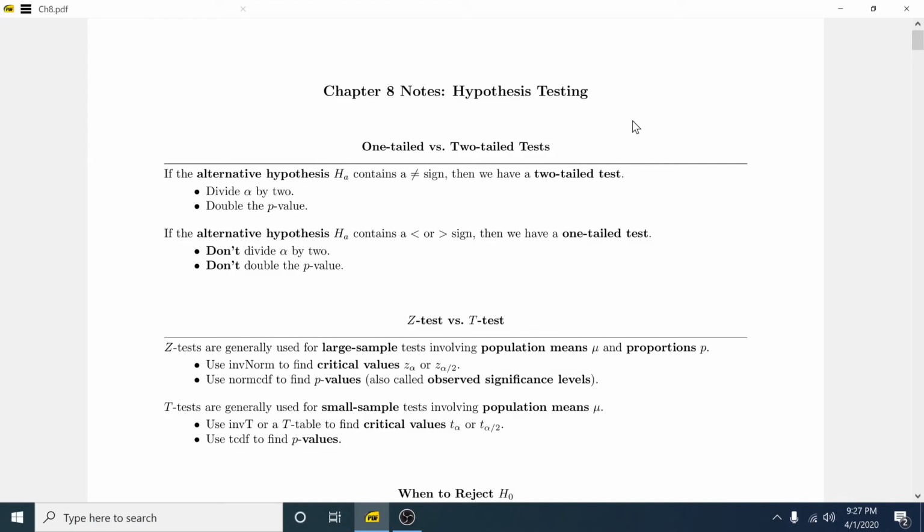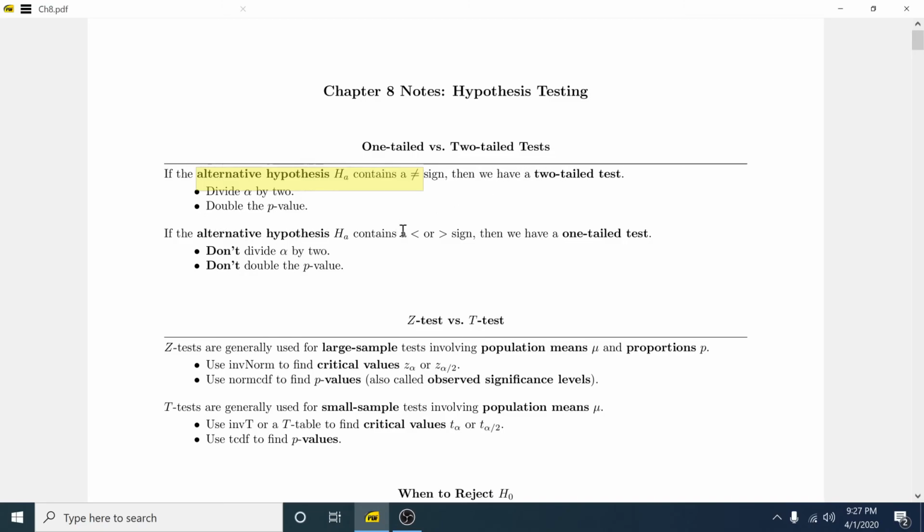Let's talk about these, and then we'll go case by case through each of the different types of tests and talk about them. So one of the things we're going to get into today is there are two types of tests we're going to look at. There's a one-tailed test and two-tailed tests. Any hypothesis test you do is going to be one of these, one-tailed or two-tailed. And for the purposes of today's discussion, if our alternative hypothesis contains a not equal sign, that is going to be a two-tailed test.